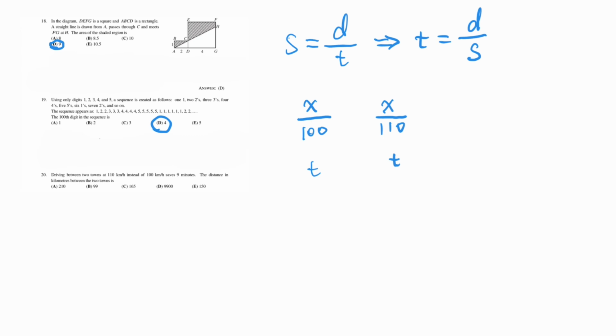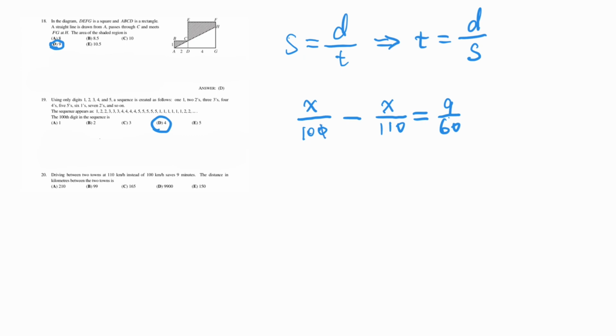That means x over 100 minus x over 110 equals 9. But 9 is in minutes, and 110 and 100 are in kilometers per hour. We convert the 9 to hours, divided by 60. Solve this equation.